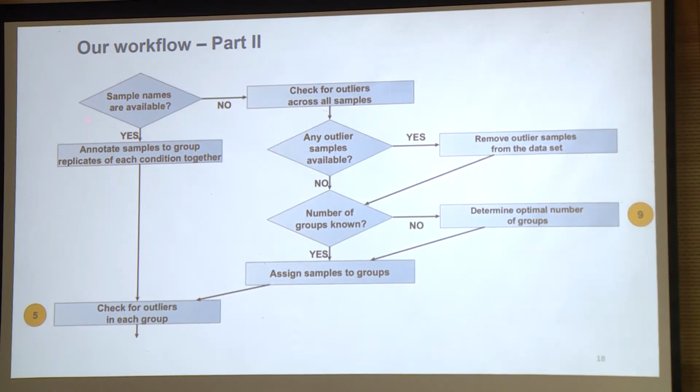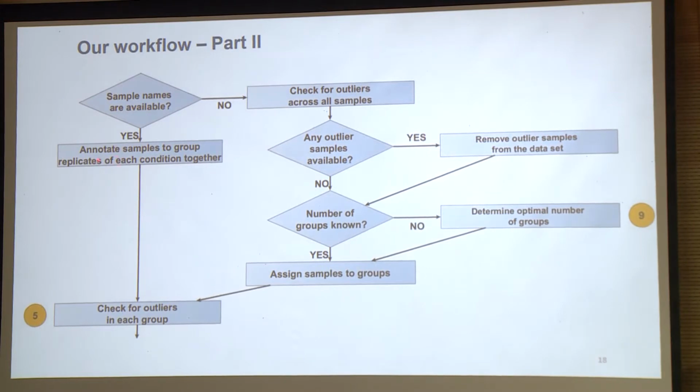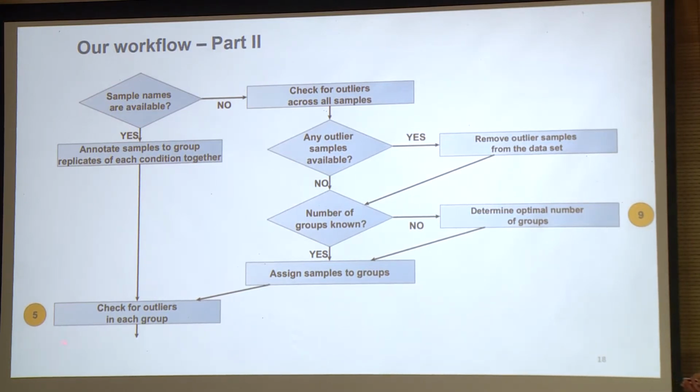And here it's important: do you know the sample names? Is it clear from what you have where the control is, how many replicates, how many treatments? If you know that, then you look for the outliers, and I'm going to show how we do this. And if not, you still have to check for outliers.